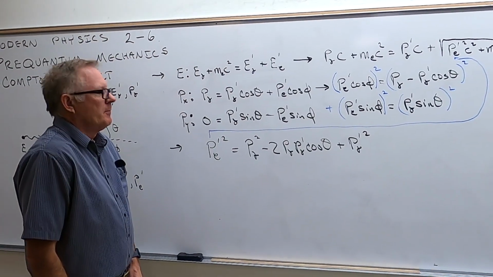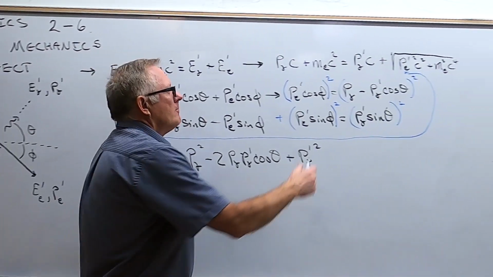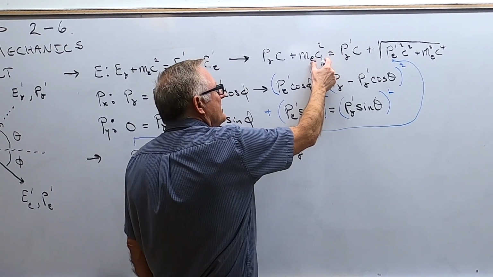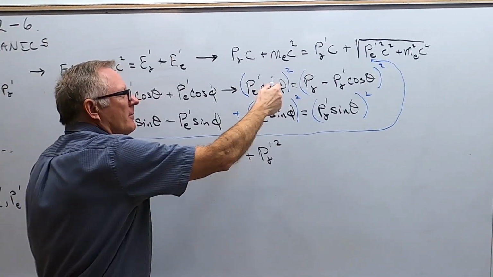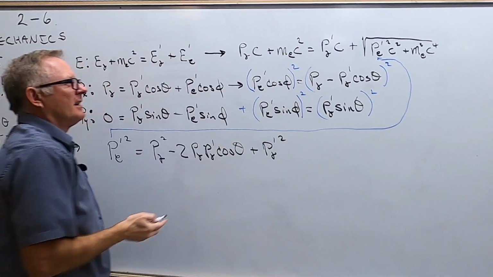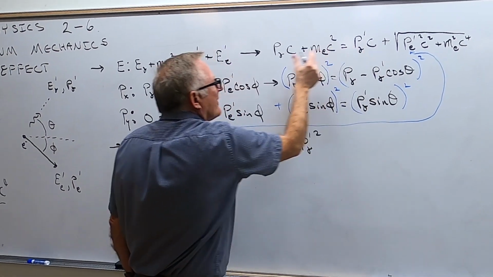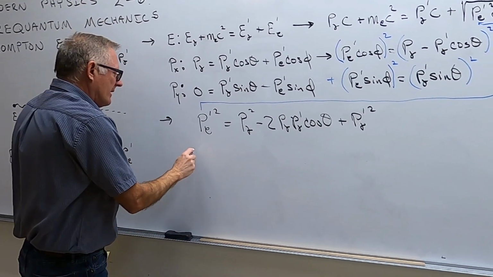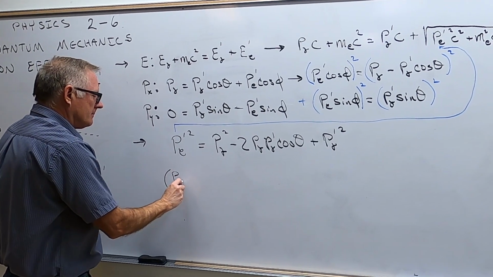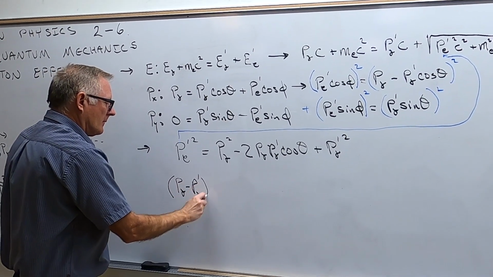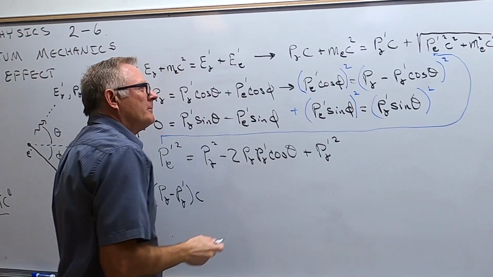Okay, before I do that, maybe I'll move this term over to this side, because I'll probably want to square it right there. So let me first just take this term over to that side. And if I combine it with this term, I can factor out the C. So that first term will be P gamma minus P gamma prime, times C. So that's what I get when I brought this over, plus the M sub E C squared.